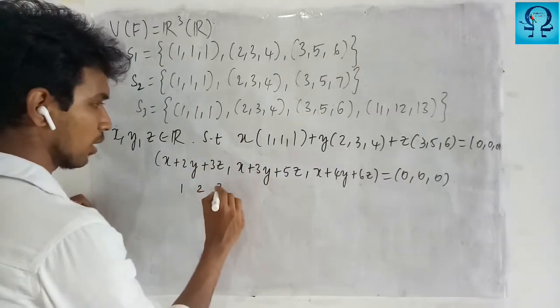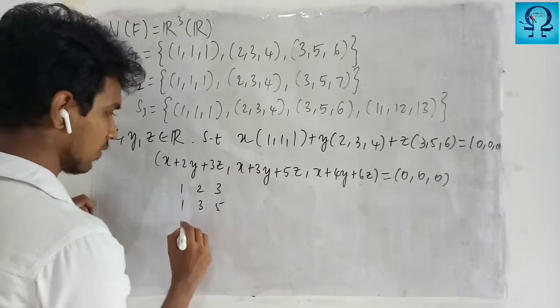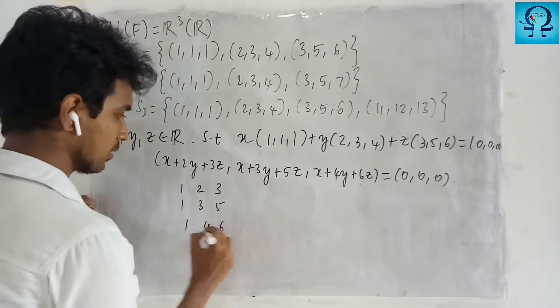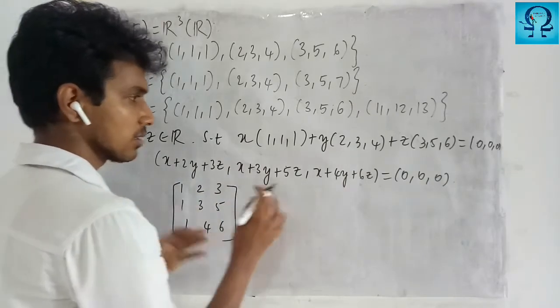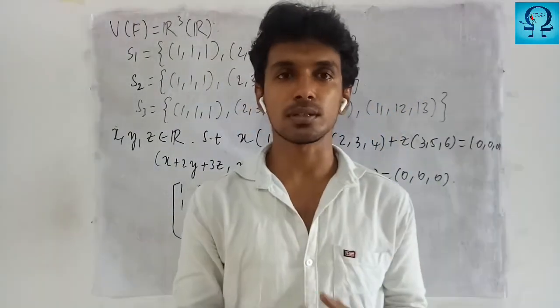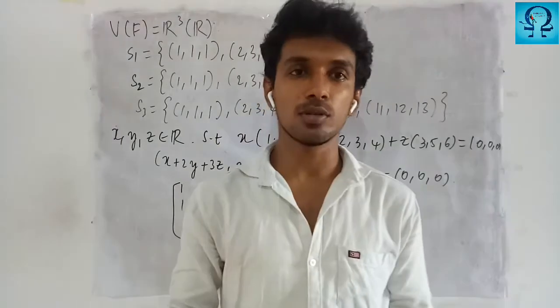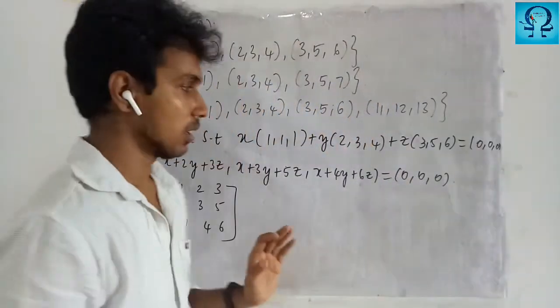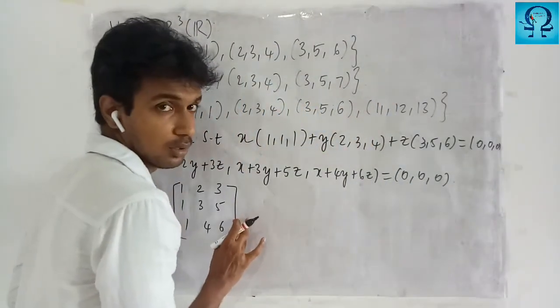So when we have this, let us put that in a matrix form. It is going to be 1, 2, 3, 1, 3, 5, 1, 4, 6. Since this is a homogeneous system of 3 unknowns and 3 equations, it is enough to check the rank of the matrix A alone.